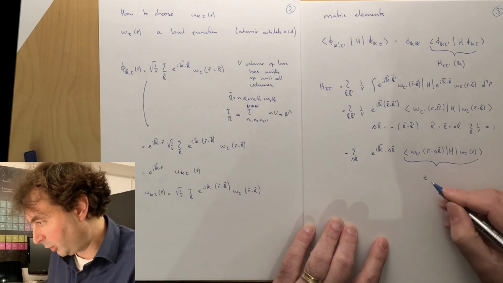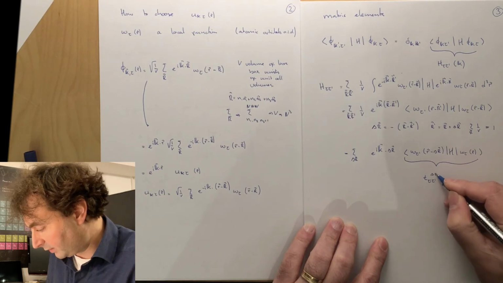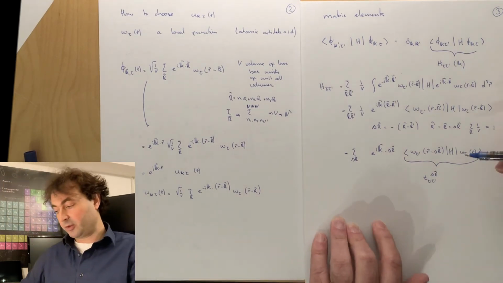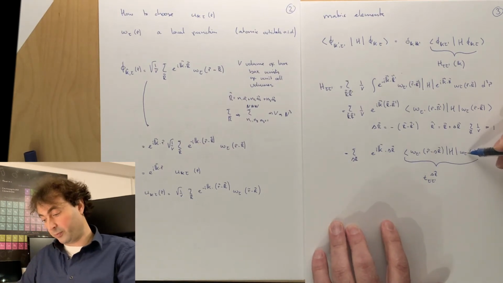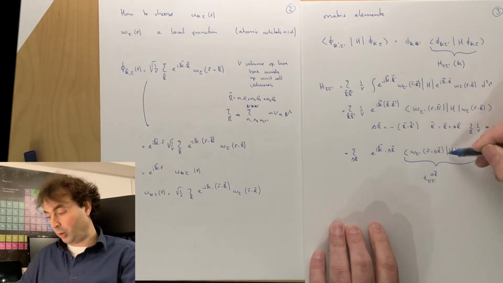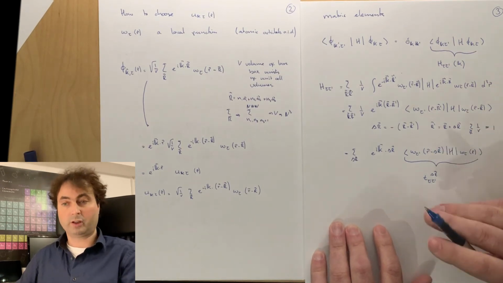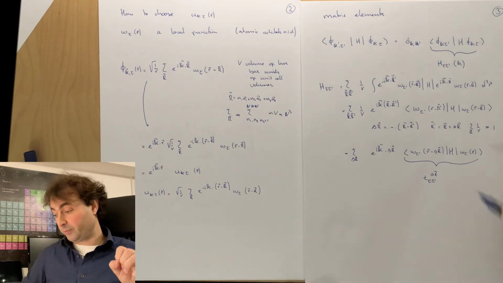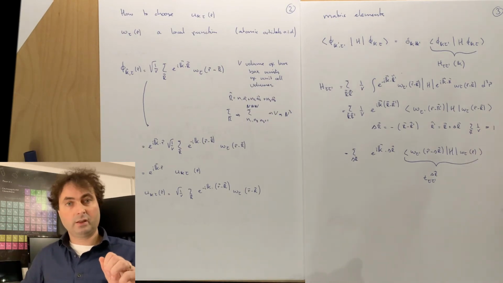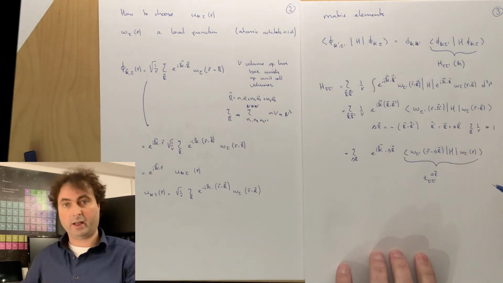This is now our hopping matrix elements tau tau prime delta r, and it tells you how a local state centered around the origin with quantum number tau hops to a state centered around delta r with quantum number tau prime. So an electron can hop from one site to the other by a distance delta r, and it then can change the quantum number that we have.